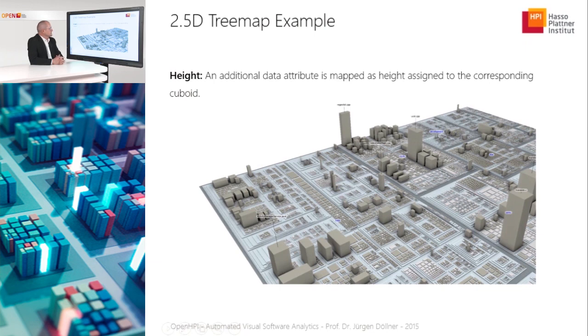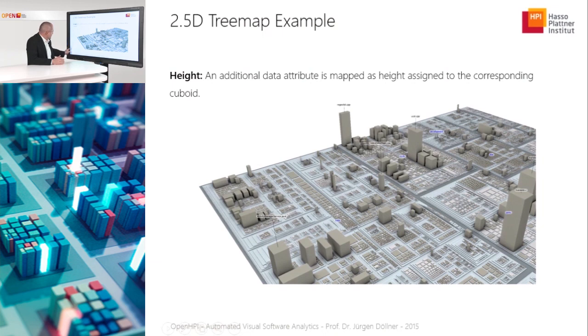The height gets assigned a corresponding value, maybe taken from a software quality metric or from any other value associated with the tree hierarchy. And immediately we can see the three-dimensional nature of a 2.5-dimensional tree map.